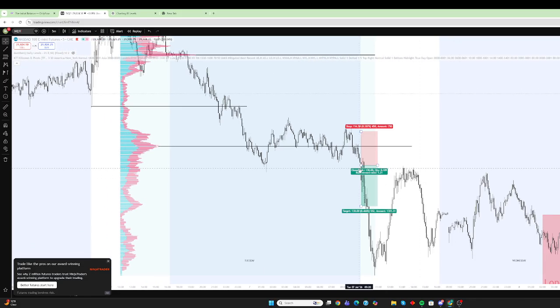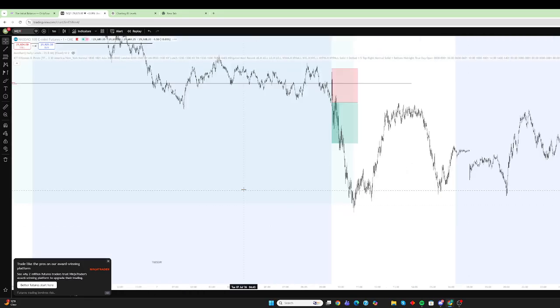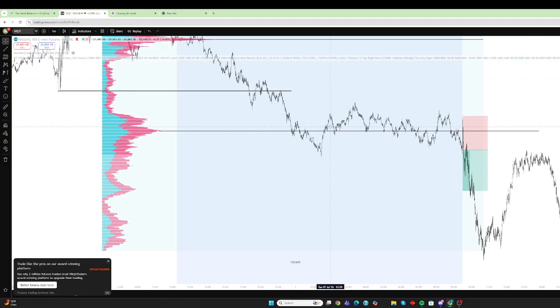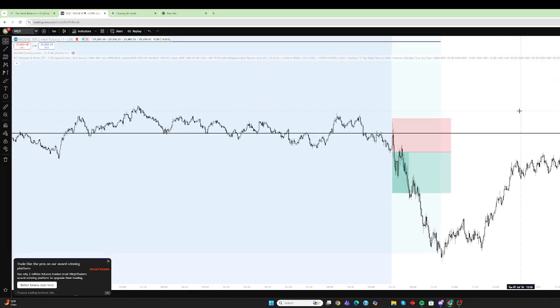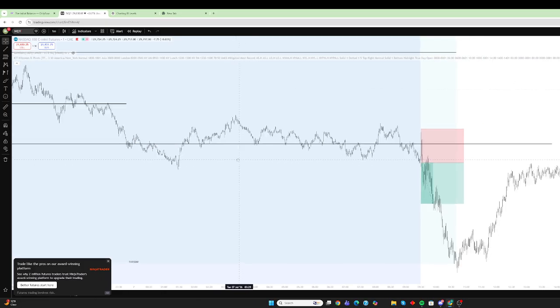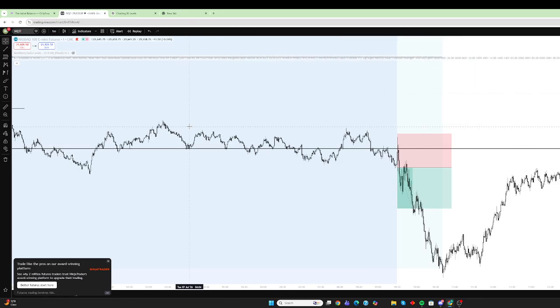So what do we do off market open, right? So market open immediately trades higher. And what this is doing is doing 2 things. First of all, we are re-entering this value area, okay?